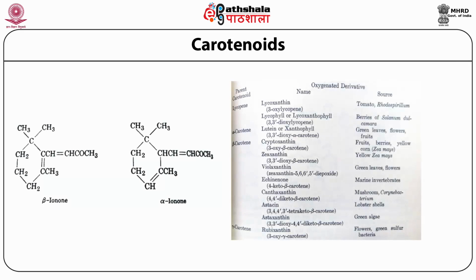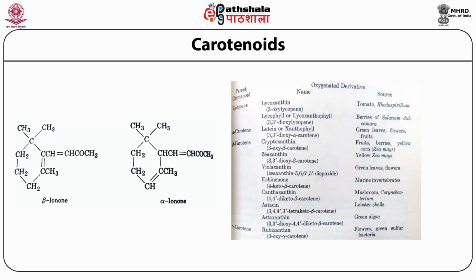Ring 1, which is the left hand side, of all these 3 carotenes is the same and also similar to ring 2 of beta carotene. This ring is a beta ionone residue. Ring 2 of alpha carotene is an alpha ionone residue. Either of these 2 kinds of ionone rings are present in all carotenoids.